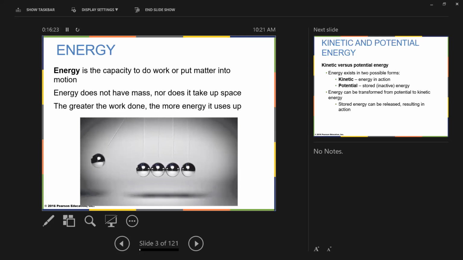Now, when we do work, we burn fuel, whether we're driving our car or our truck. We burn the fuel in the gas tank, whatever kind of truck or car we have. We're burning the fuel and releasing the energy in there.